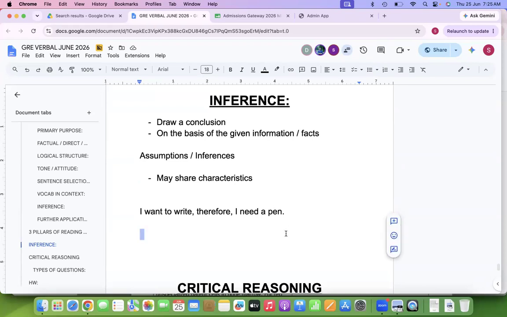So, what inference can you draw from what I've written as an author? What inference are you going to draw as a reader? Anurag, what inference will you draw from here? The inference is the medium of writing is a pen.